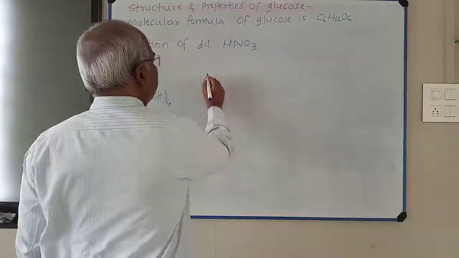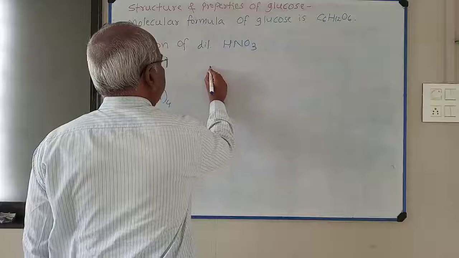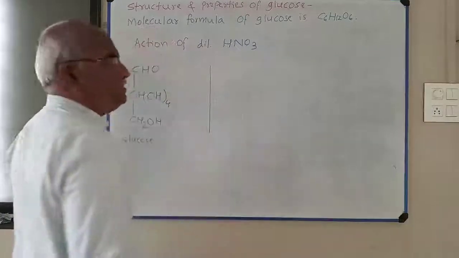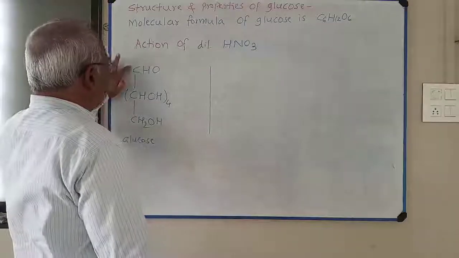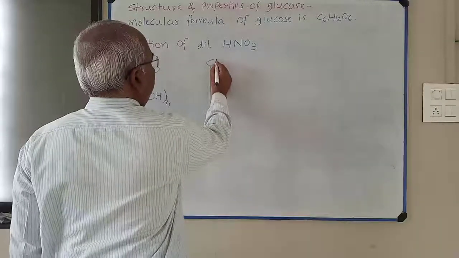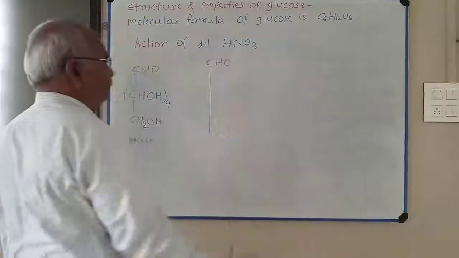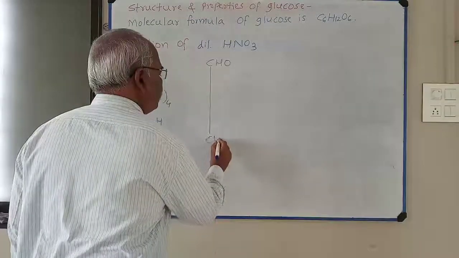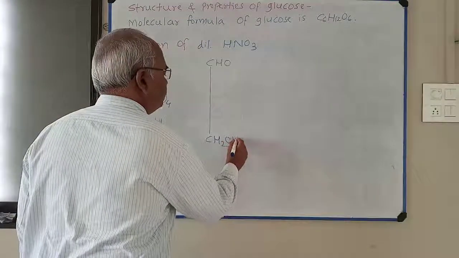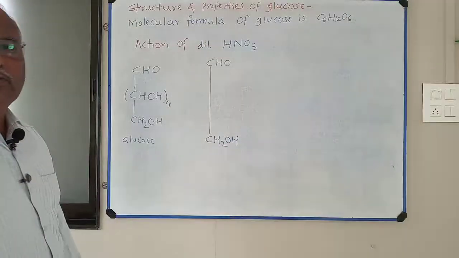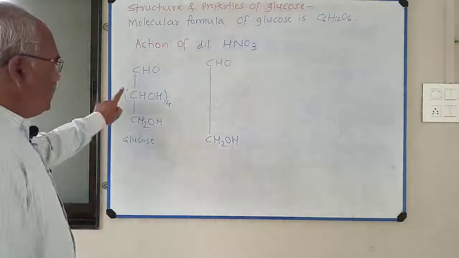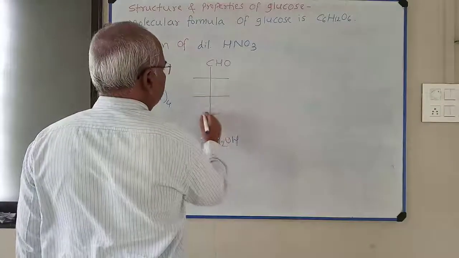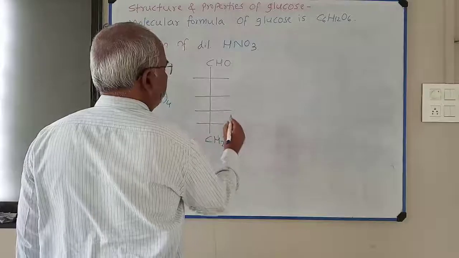So how to represent the open chain structure? Try to understand. First, I draw a straight line. One carbon is in the form of an aldehyde group. One carbon is in the form of a primary alcoholic group. Remaining 4 carbons, 1, 2, 3 and 4.